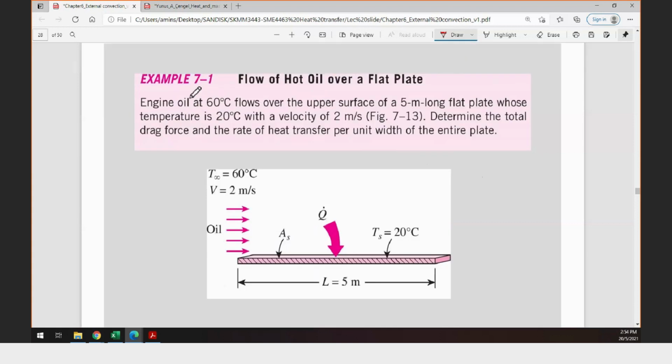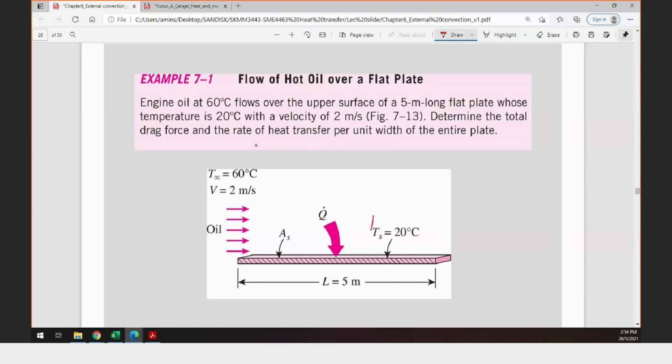This is engine oil. Actually this problem tries to represent what happens inside the engine compartment.